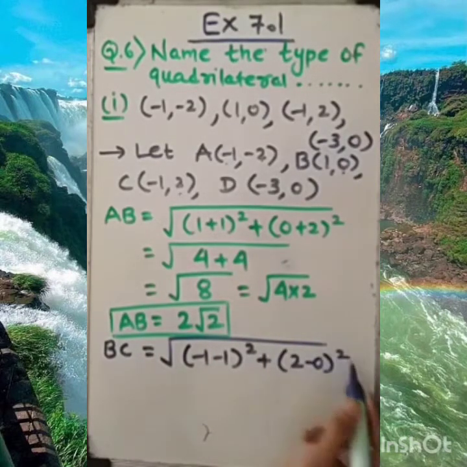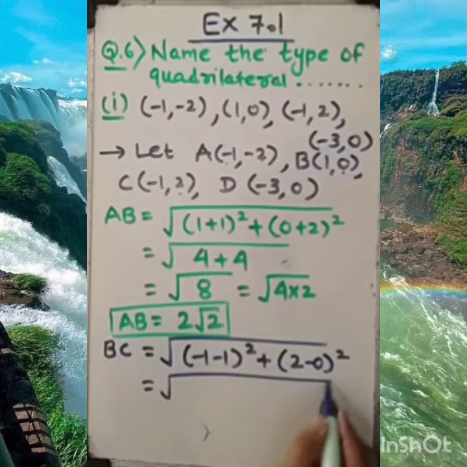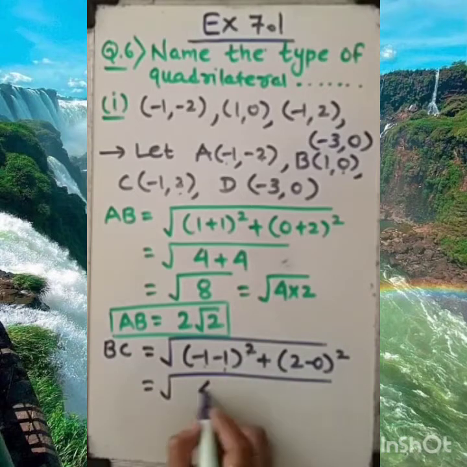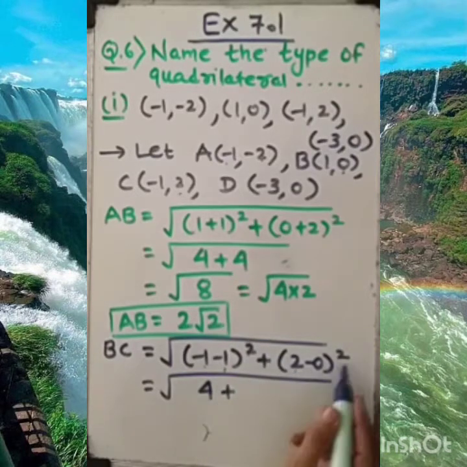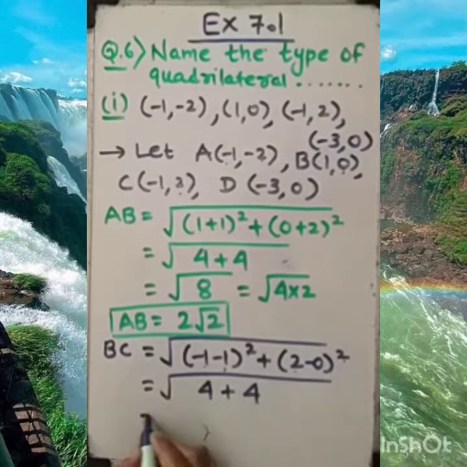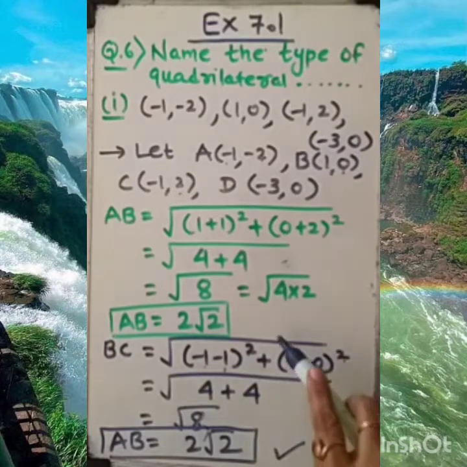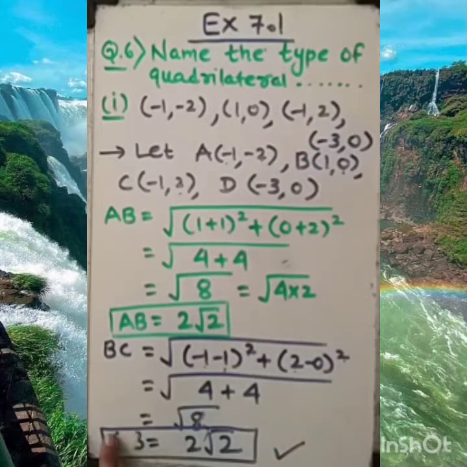Under root of minus 2 square, that is 4, and 2 square, that is 4. Again it is under root 8, and under root 8 means 2 root 2, because 8 is 4 times 2 and 4 is a perfect square. So the value of AB is 2 root 2 and the value of BC is also 2 root 2.